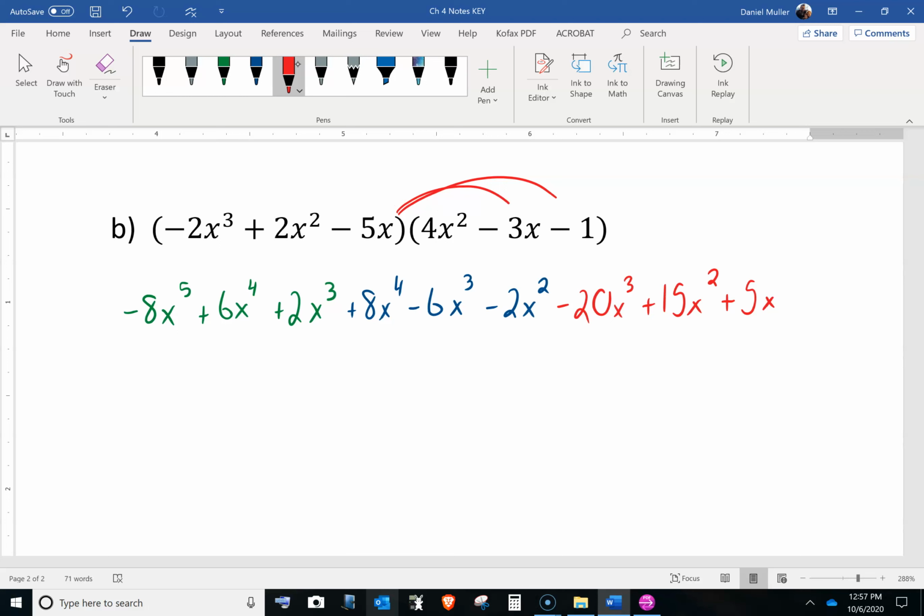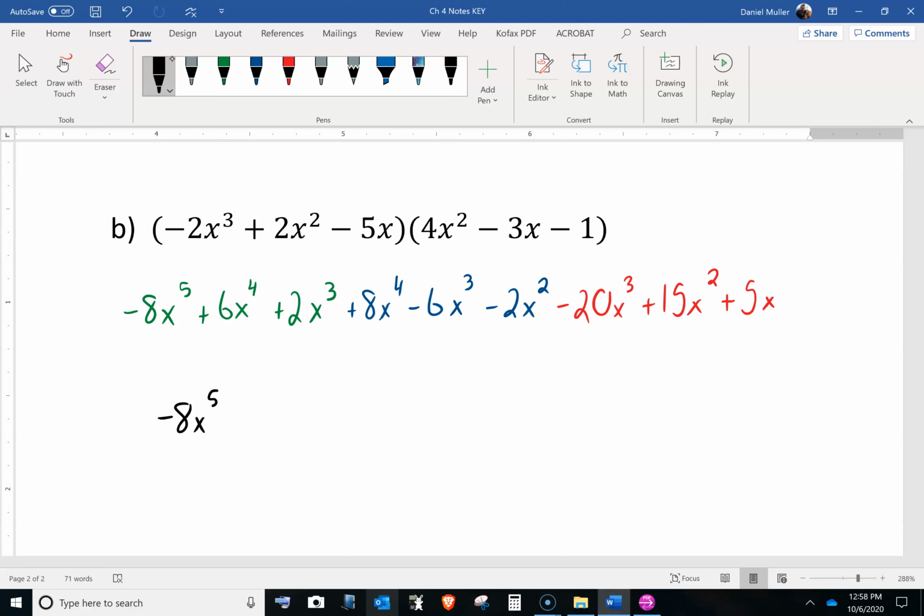So we've got a lot of things going on, just like the last question, so we need to see which ones are alike. Now I know there's only one of these x to the 5s, so let's write that down. There's a negative 8x to the 5, and if you want to, you can kind of cross them off as you go along. I'm not going to cross them off, but it is there.